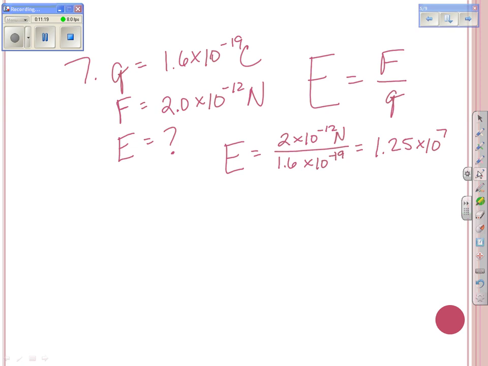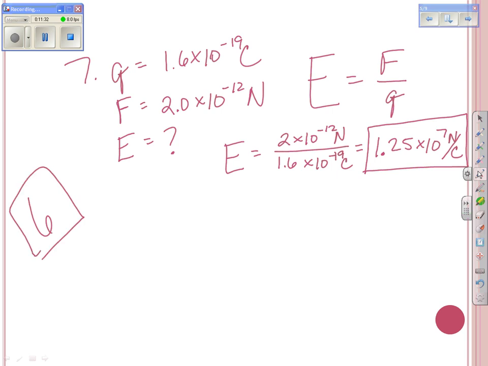Now this was newtons and this is coulombs, so the units is newtons per coulomb. Now it is important that you realize with number 7 is just like number 6. So number 6 and number 7 will be done the same way. Okay, so realize that number 6 and number 7 are the same type of problem. All right.